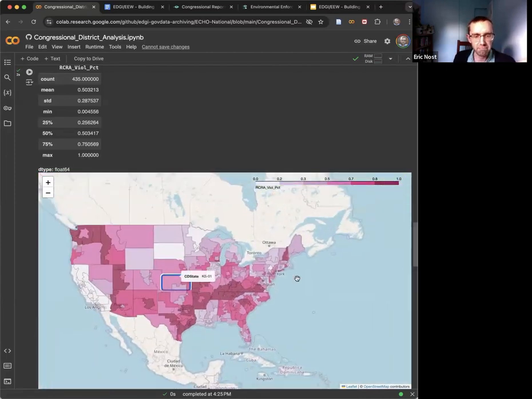And we see how this trend plays out across the country. Washington, Utah, Missouri, Arkansas, Kentucky, New Hampshire, these states tend to be ranked higher relative to other districts in the country.